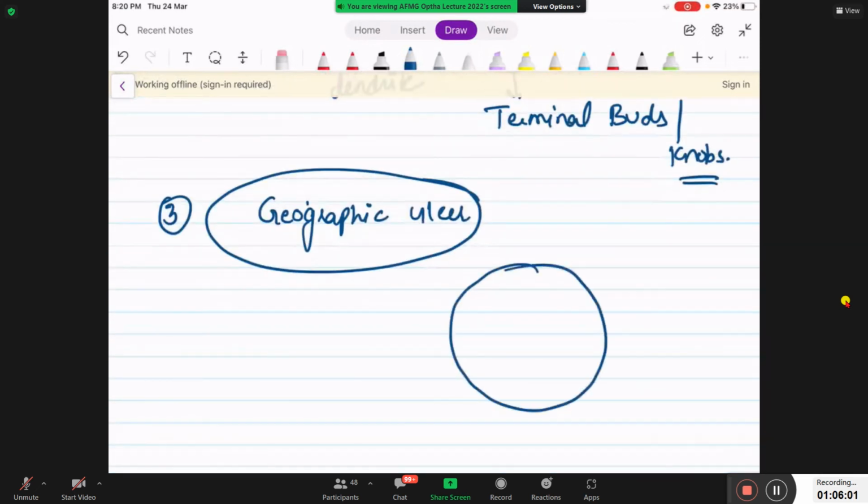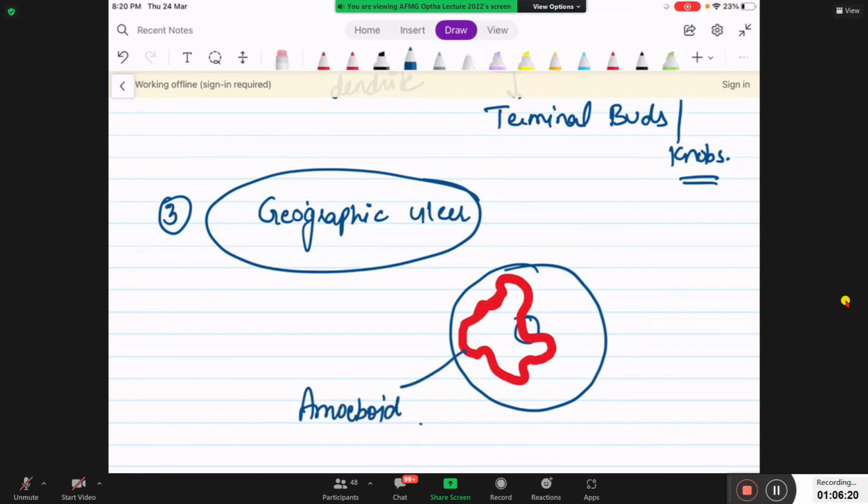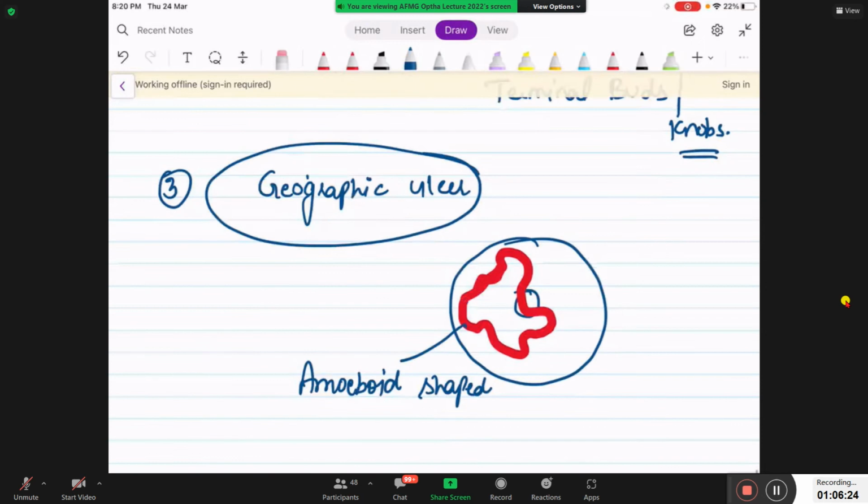How the picture looks like, again draw the diagram. This is an amoeboid shape ulcer, like this. So this type of configuration, if it is present, amoeboid shape, this is called geographic ulcer.